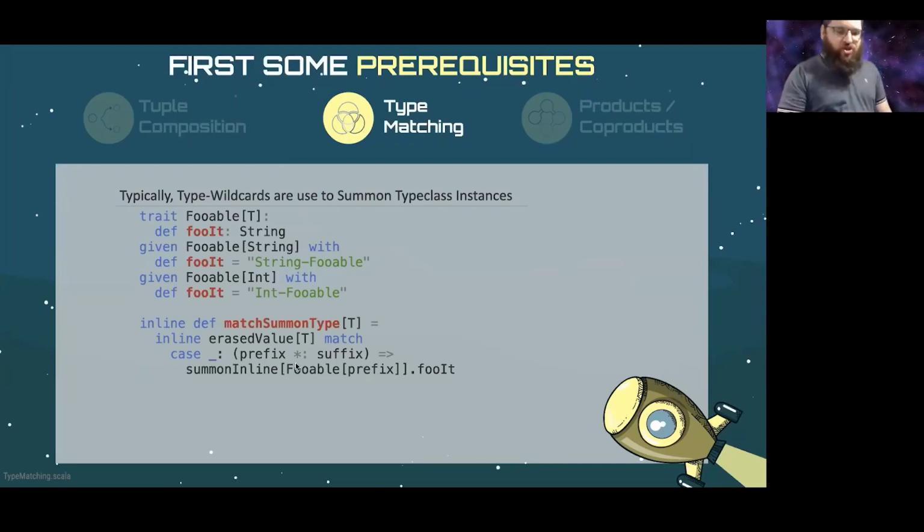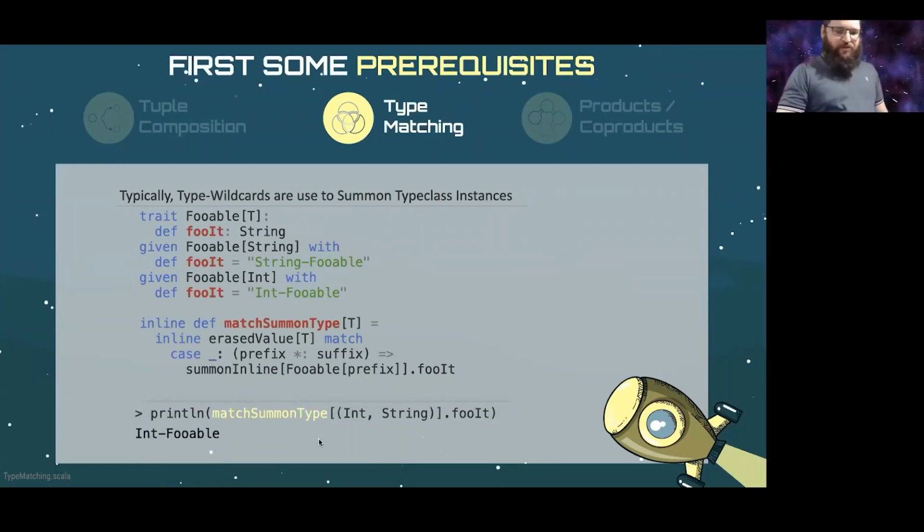So what we can do is we can then take a type, put it into here, extract the members of the type, if it's a tuple. We're assuming that this is a tuple. We can extract its members, in this case, the first thing that the tuple will have, and then use that thing to summon a type class.